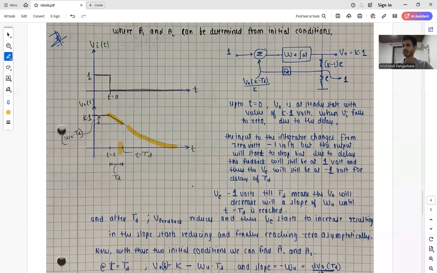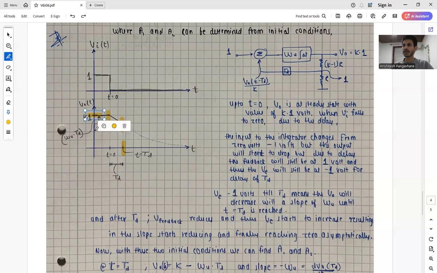So these two initial conditions will give us the values of a1 and a2. How? At t equals TD, our v naught comes out to be k minus omega u times TD.